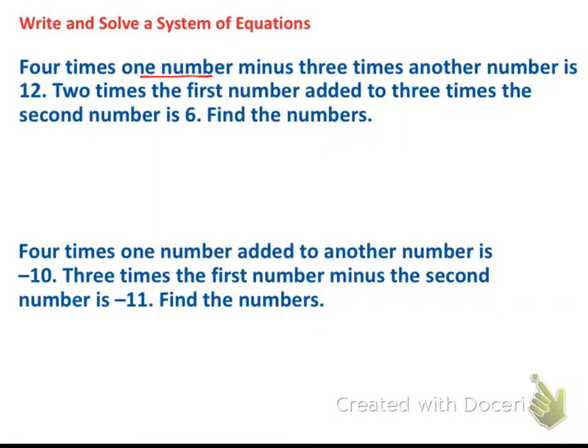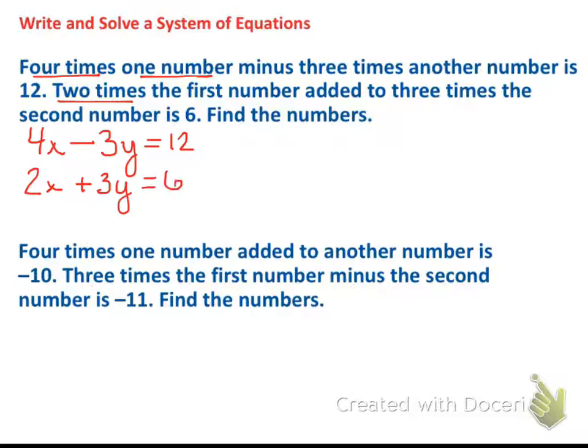So the first system of equations is going to be 4 times one number minus 3 times another number is 12. And then we've got 2 times the first number added to 3 times the second number is 6.